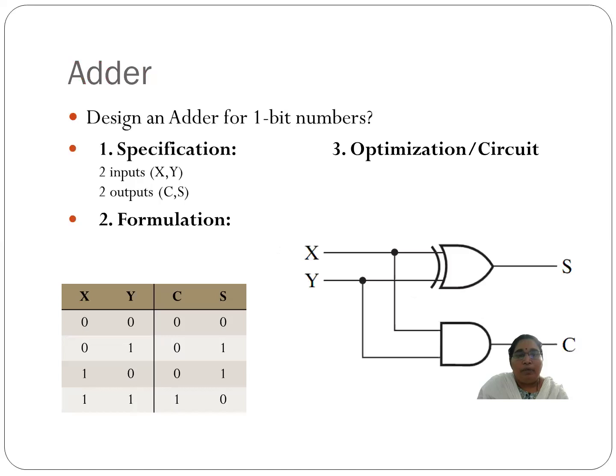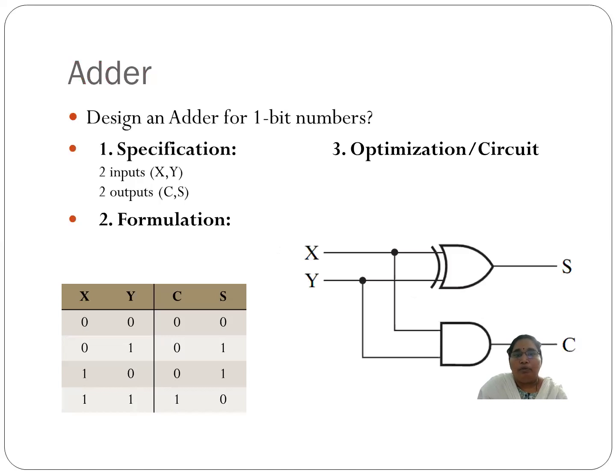If we see the sum, the output is 1 when either X or Y is 1, but both are not 1s and both are not 0s. When one is 0 and the other is 1, then our sum output becomes 1. So the logic gate that is used to implement this is the XOR gate.